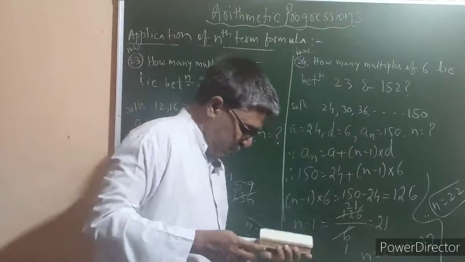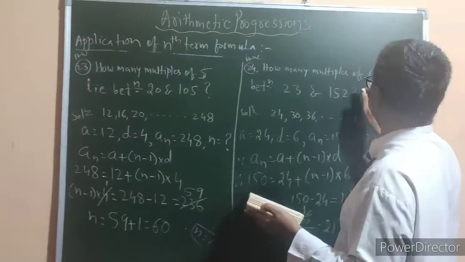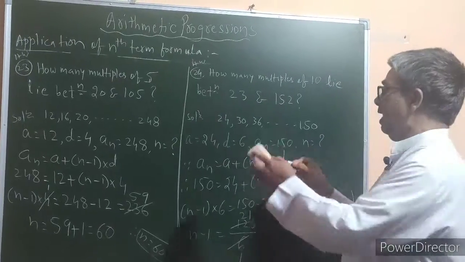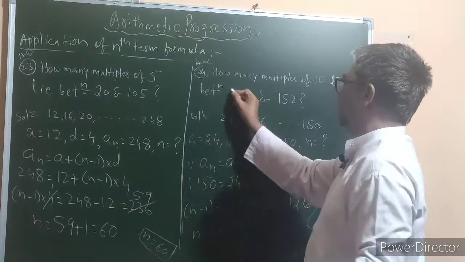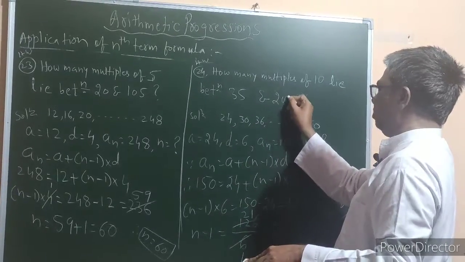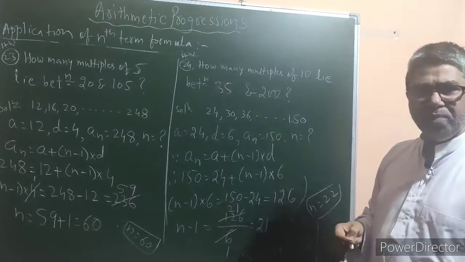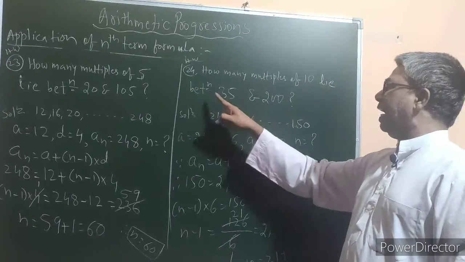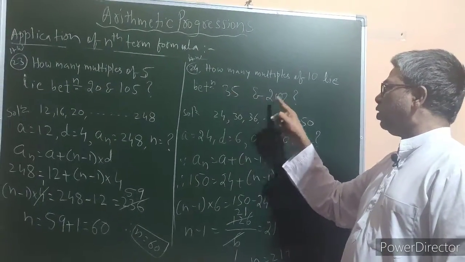Now how many multiples of 6? You change this 6 to, say, 10, and you change 23 to 35 and 152 to 200. One more example you get here. How many multiples of 10 lie between 35 and 200?